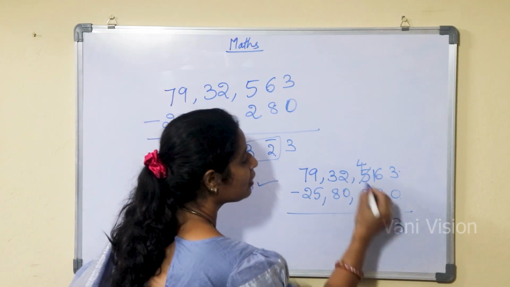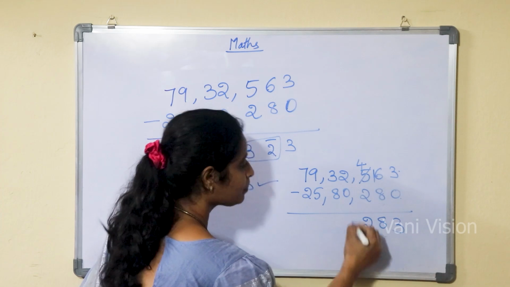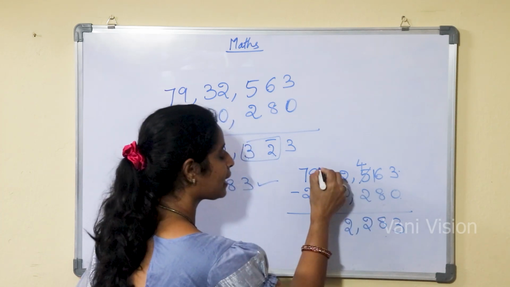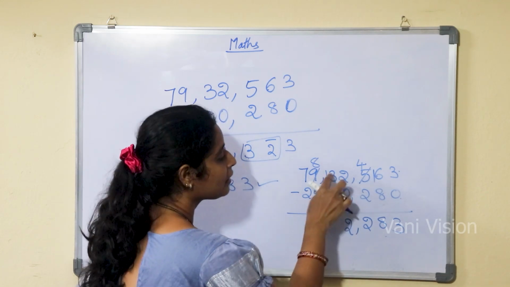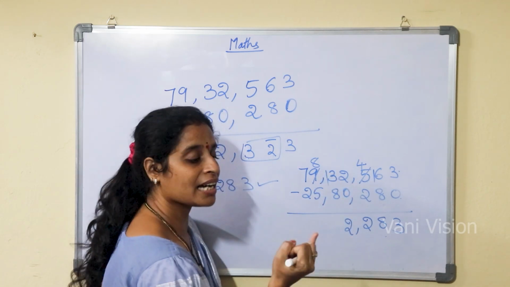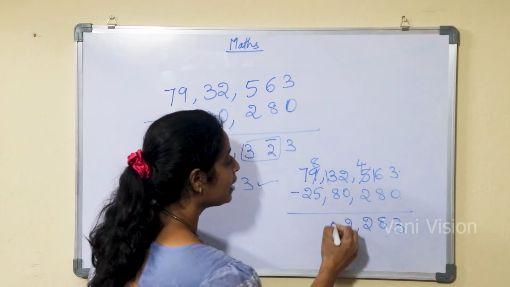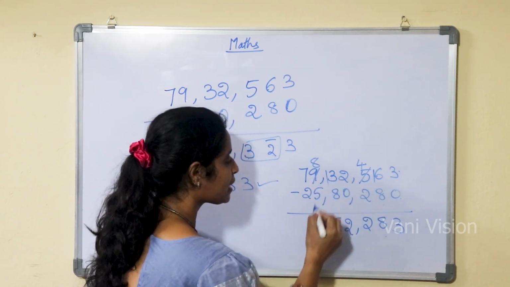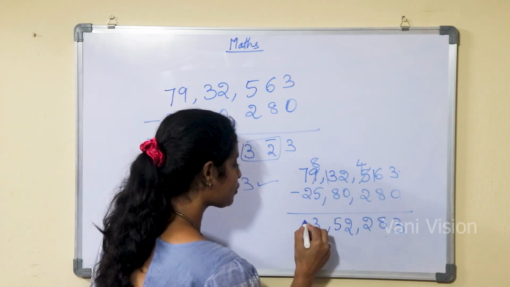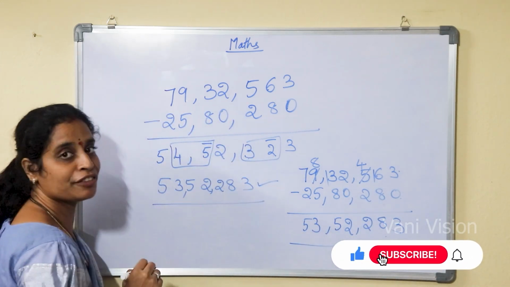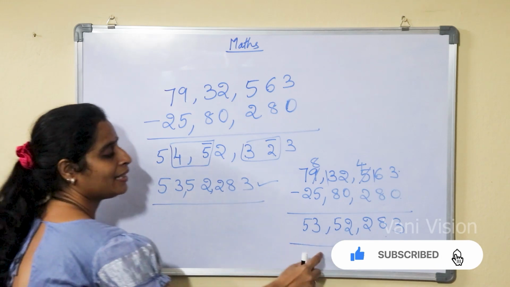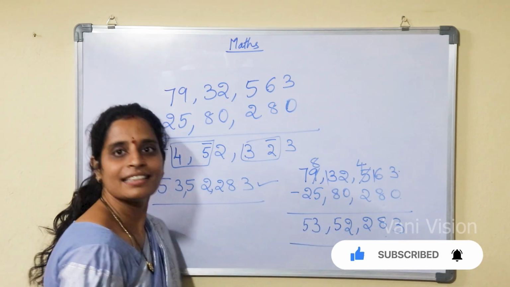So it is 8. 4 minus 2, 2. 2 minus 0, 2. Again take a borrow, it becomes 8 and 13. 13 minus 8, counting after 8: 9, 10, 11, 12, 13. It is 5. Then 8 minus 5, 3. 7 minus 2, 5. So our answer is 53 lakhs 52,283. Is it correct? Yes.